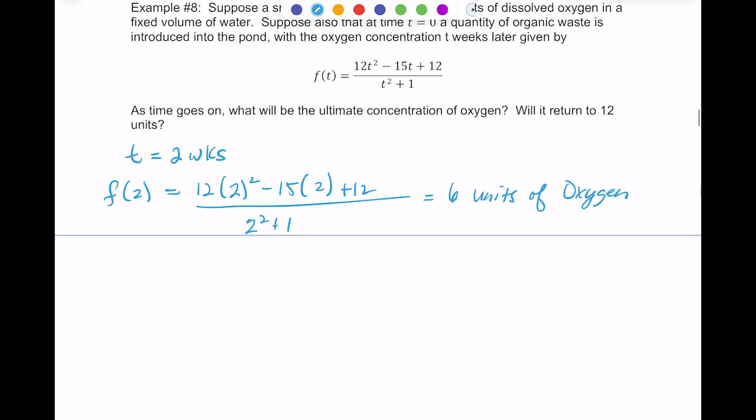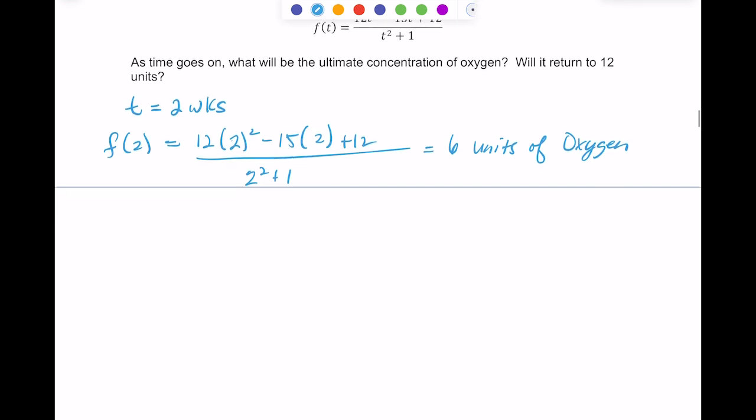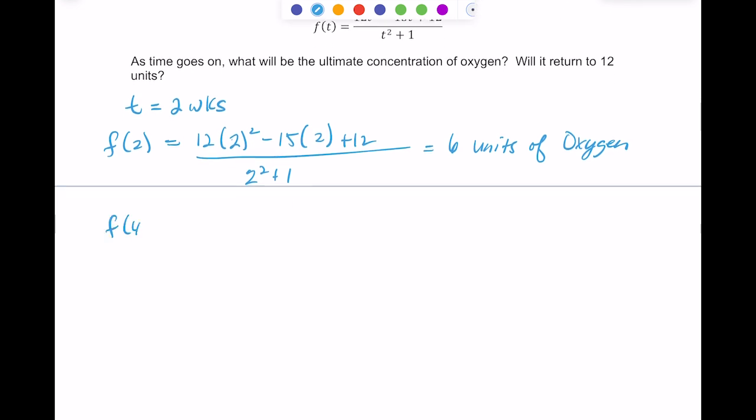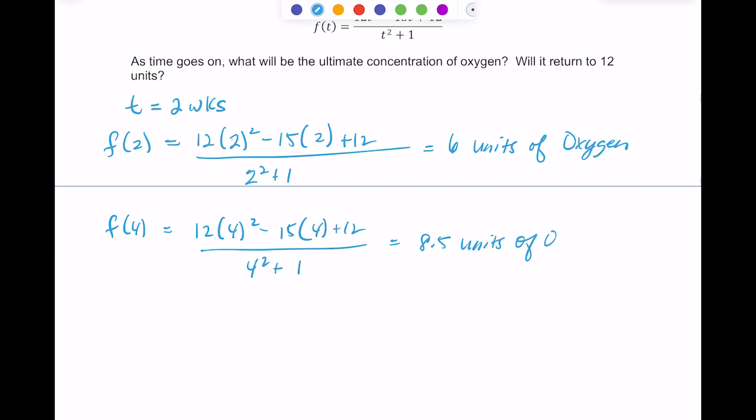How about after 4 weeks? If I simplify that, I'm going to get somewhere around 8.5 units of oxygen.